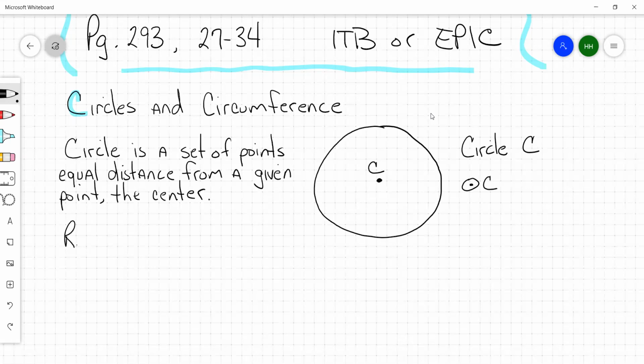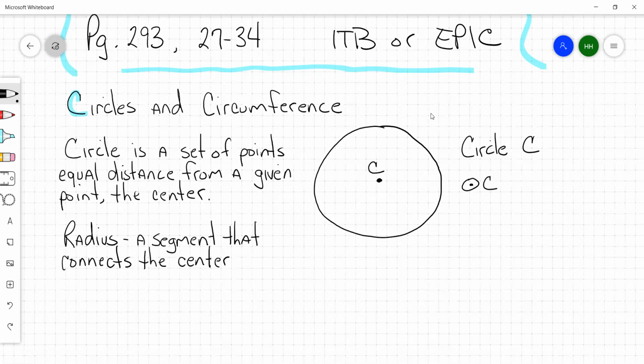Radius. A segment that connects the center to the edge.